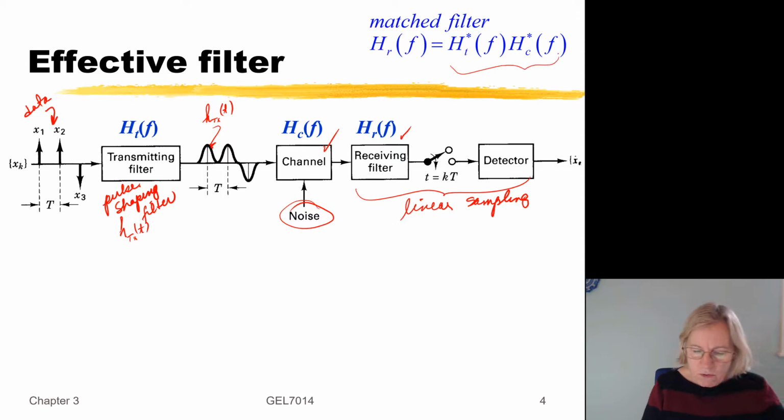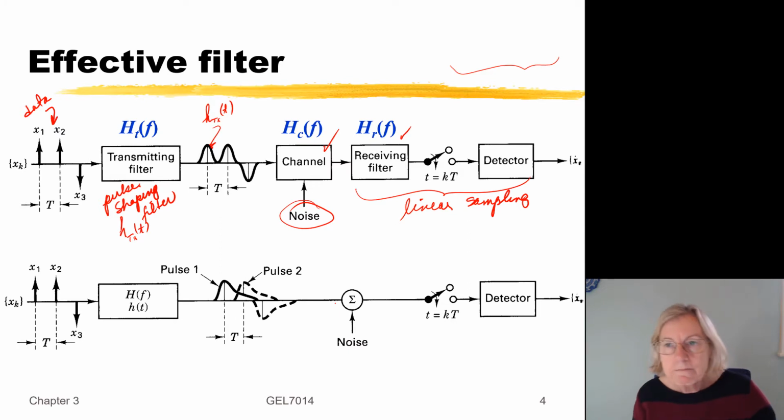And of course, now what is received is actually the transmitted pulse, which is acted on by the channel. And so if we look in the frequency domain, that would be the product of those two frequency responses. So when we match, we're essentially matching both the transmitter and the channel. That's what would actually maximize the signal to noise ratio.